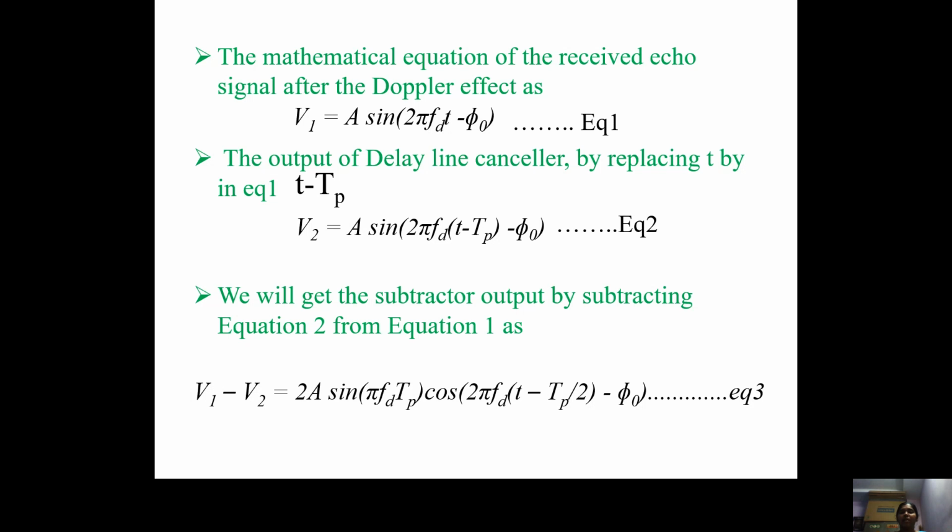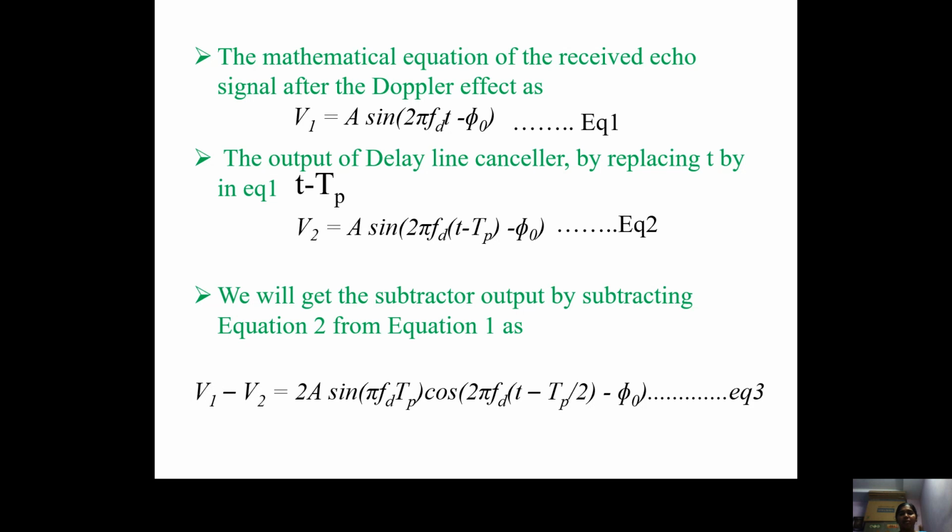That is the reason we have applied the delay line canceller concept to distinguish moving targets from fixed targets. Since we are applying a subtractor, the output will be very clear to detect the moving targets from stationary targets, by separating clutter from the output.